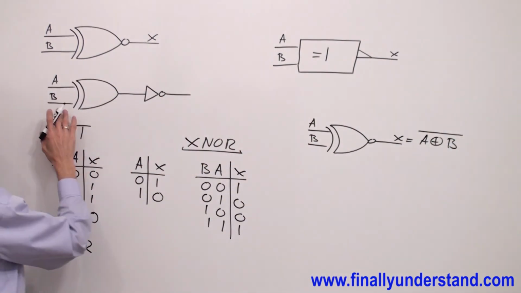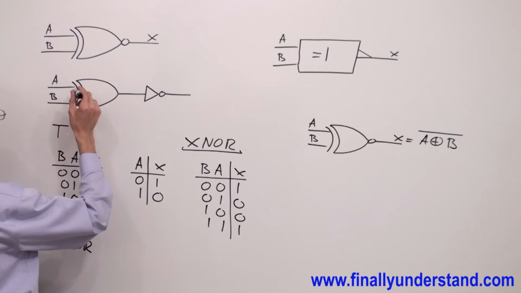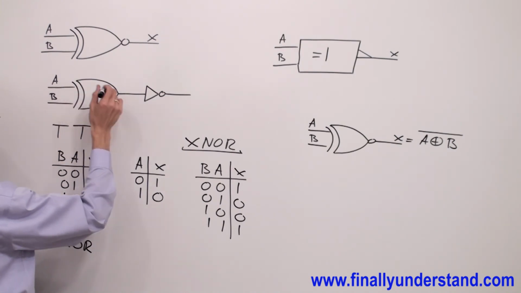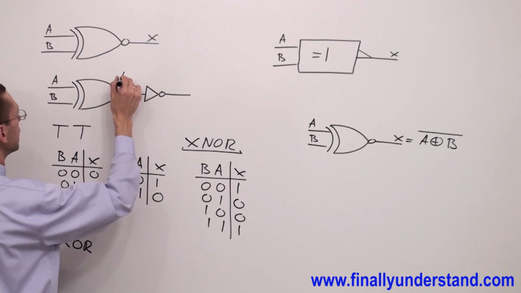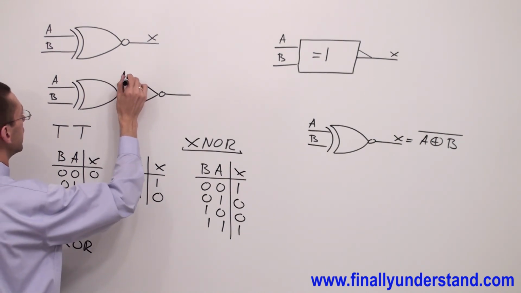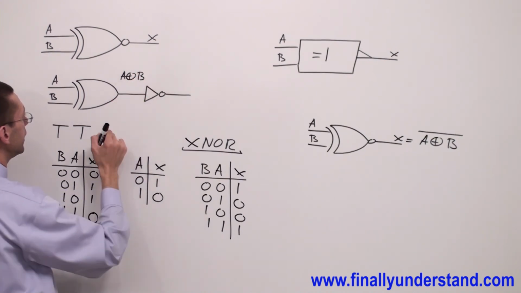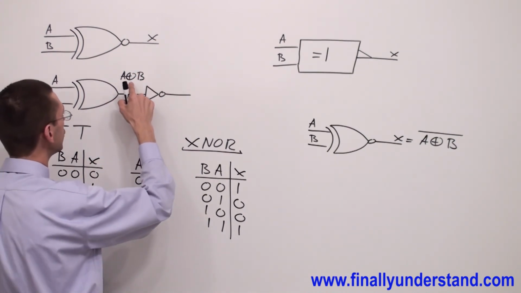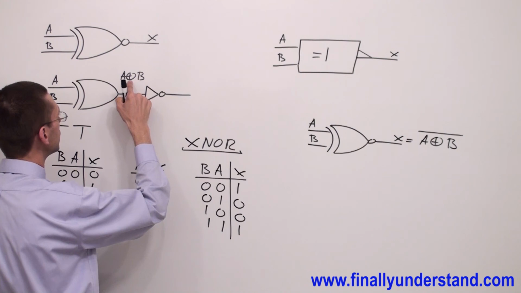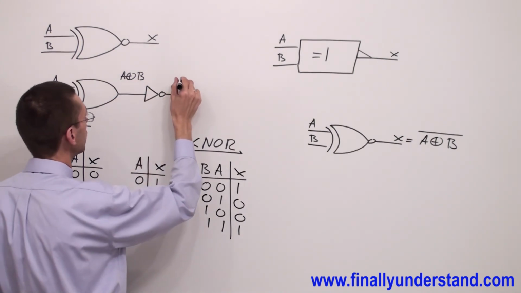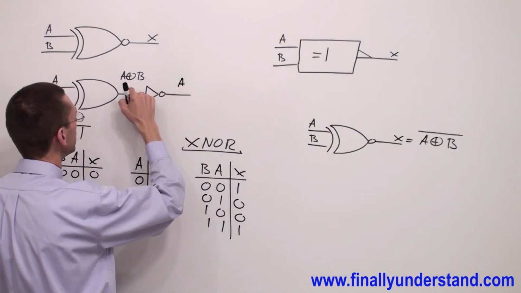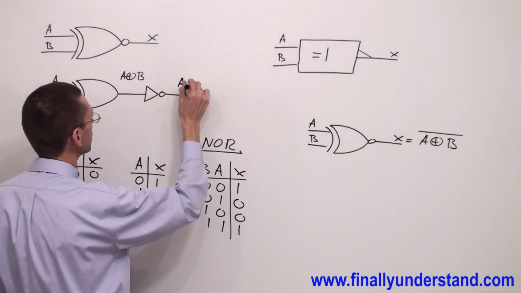Why? Let's get back to this diagram. We have learned that the output of the exclusive OR gate is nothing else, just A exclusive OR B. Now, if you are going to send this function to the inverter, at the output you are going to have basically complement of this expression.